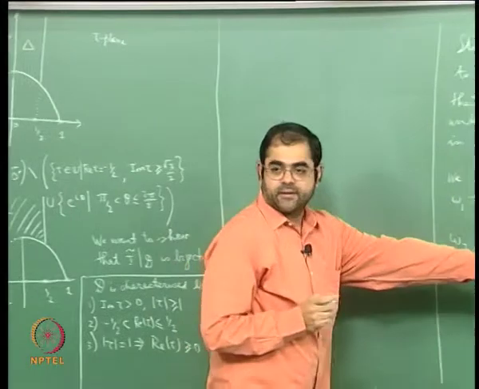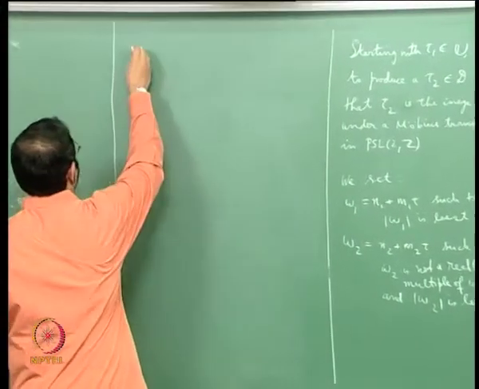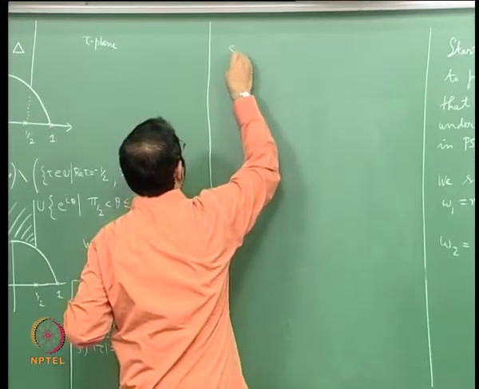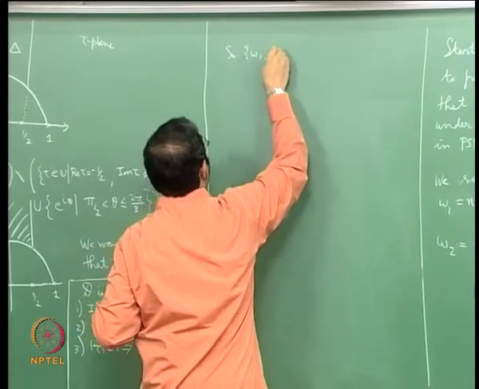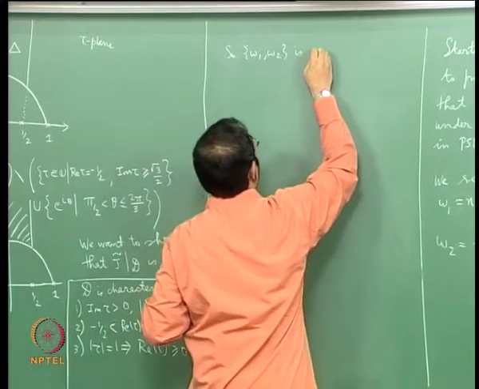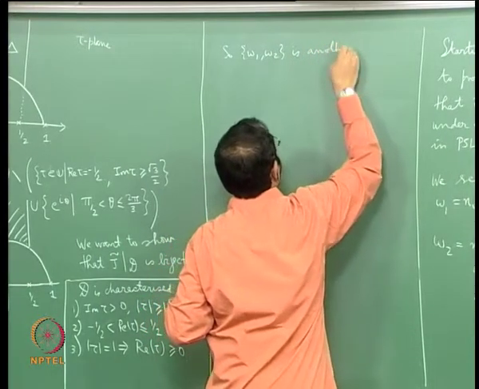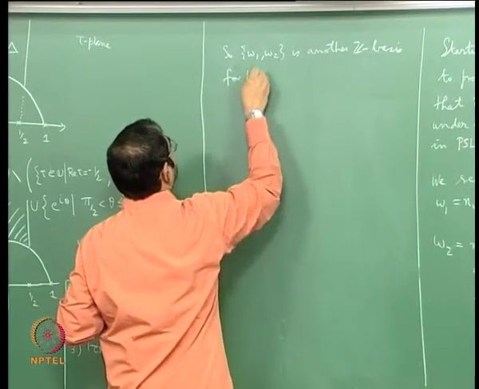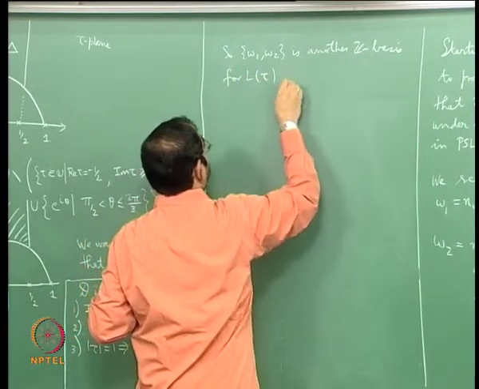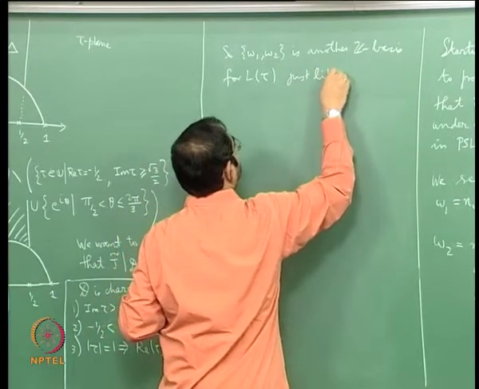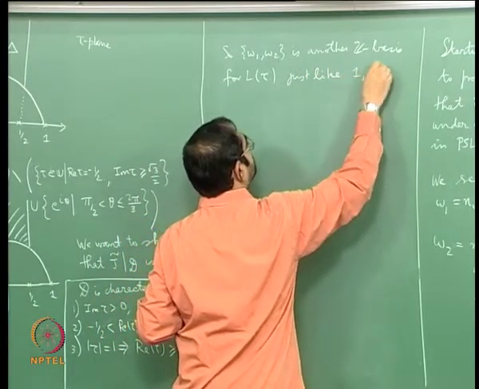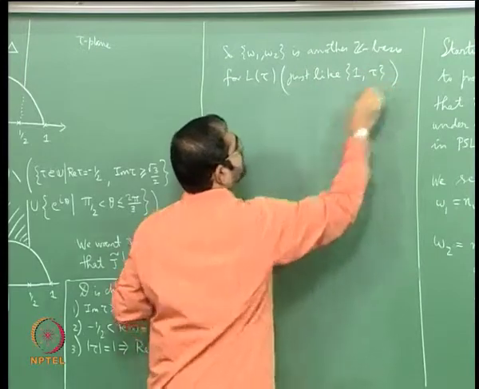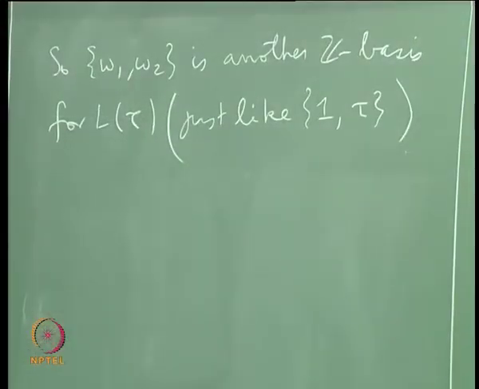So now let us go back and look at what is written here. So you see ω1, ω2 is another Z basis for L_τ, just like 1, τ. 1, τ is of course a Z basis, and what we have just shown is that ω1, ω2 is also a Z basis.